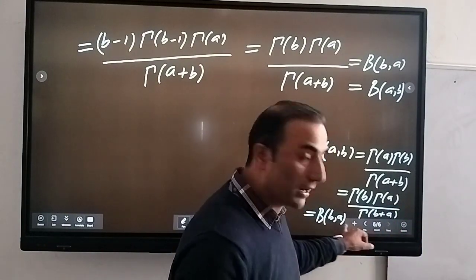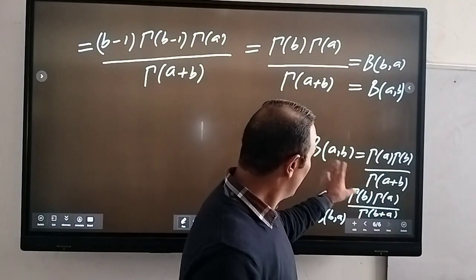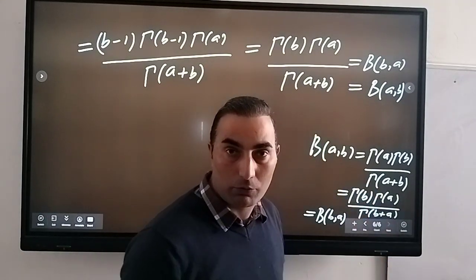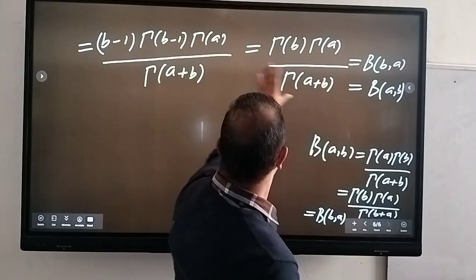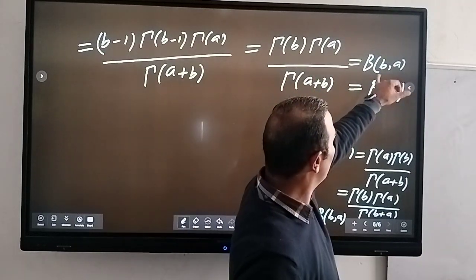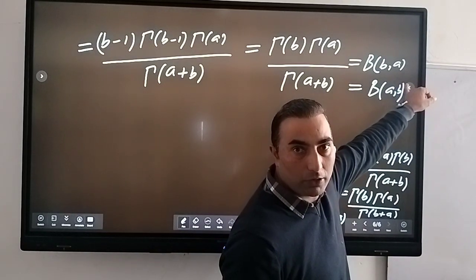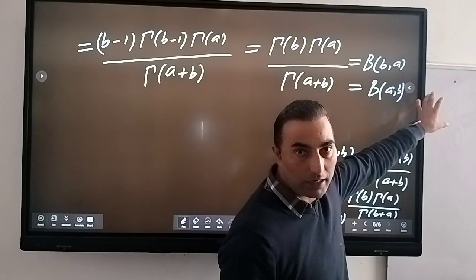So this is equal to beta of B, A. So that means our beta function is symmetric also. So beta of A, B equals beta of B, A, right? So you can write that. So it is symmetric, that beta function.